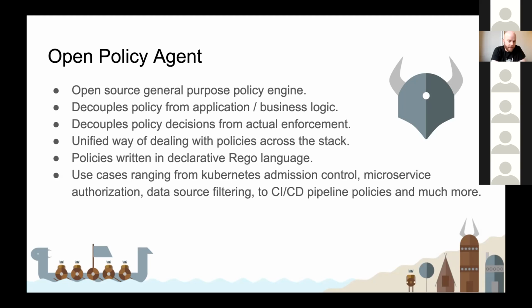So a normal question would be, am I allowed to do this? And OPA would say yes or no. But it might just as well be about, I'm in this department, what's my expected salary, or something like that. So it's a truly general purpose policy engine.